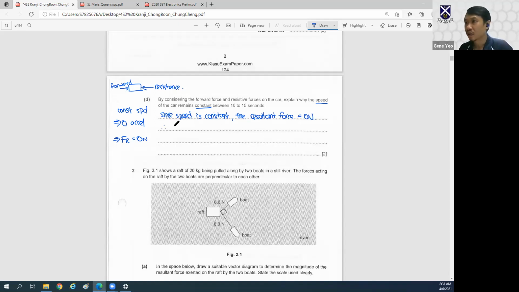Therefore the forward force and the resistive forces are equal.